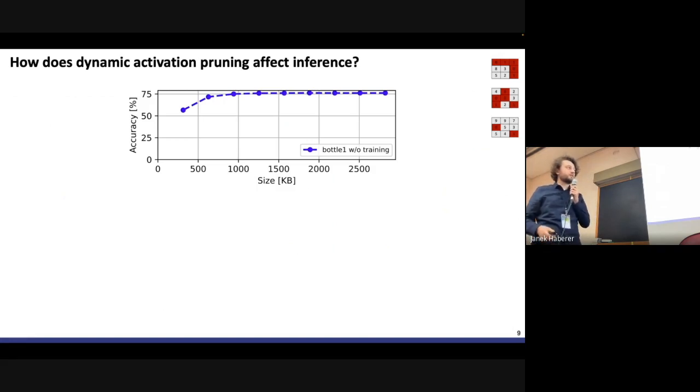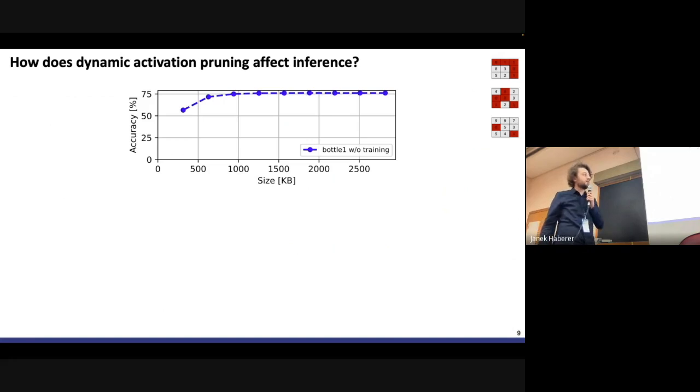If we just apply it without doing anything else, we can drop quite a few values. You can see there's a lot of potential for reduction in size compared to the original size. For reference, it's a ResNet 50, so the original accuracy is about 76%. That is the baseline as well.